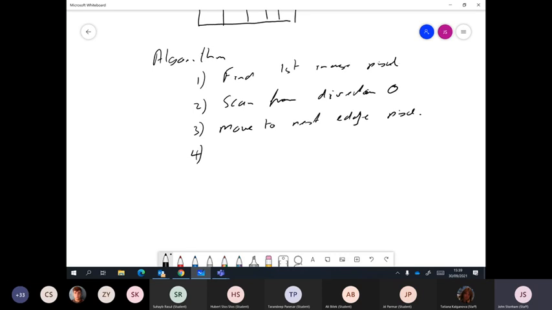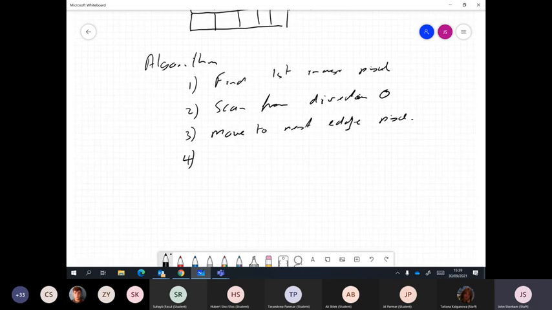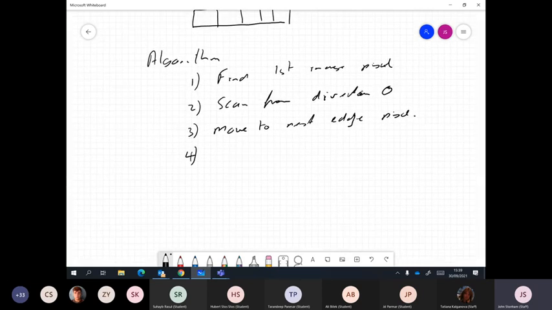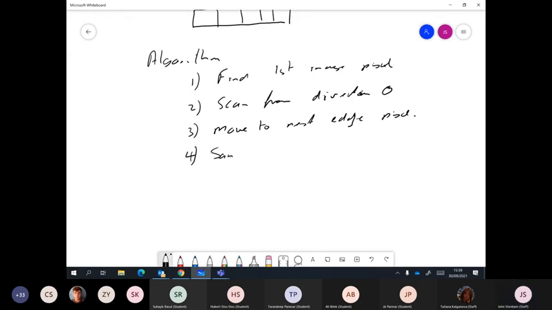And here comes the important step. When you move to the next pixel, don't scan from direction 0, scan from direction D bar plus 1, where D is the direction of the last move.